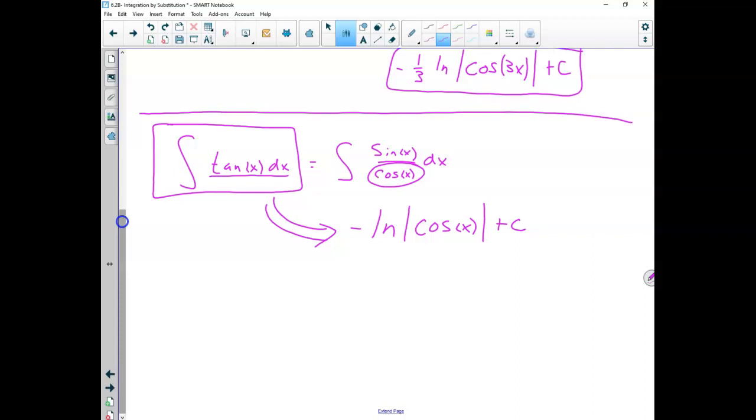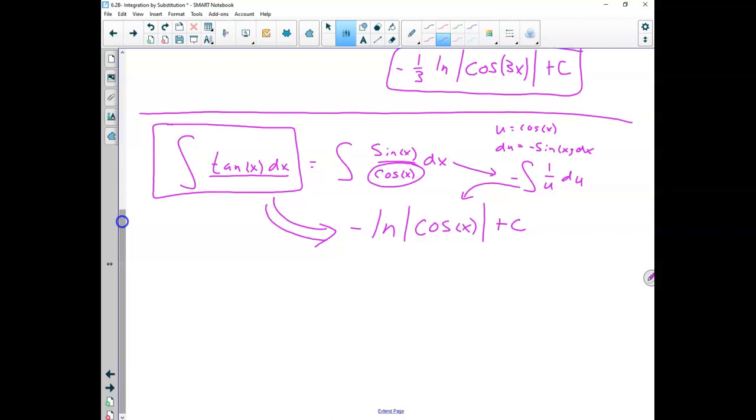And I'm going to find that because u equals my cosine x, which means my du equals, remember, the derivative of cosine is negative sine x dx. So when I do my substitution here, my negative is going to come out, right? And I have 1 over u du, which goes to here when I back substitute for my u.